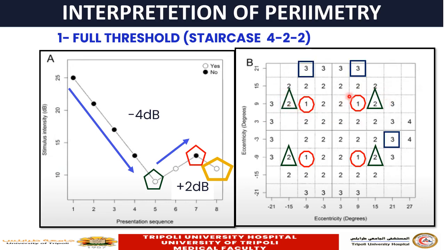Similarly, if we choose area number 3 here, it will start from where the last response was received by spot 2. This is called the growth strategy or growth pattern. This is the full threshold strategy, that is 4-2-2, which is the principle of full thresholding, which is seen in the Humphrey perimeter.